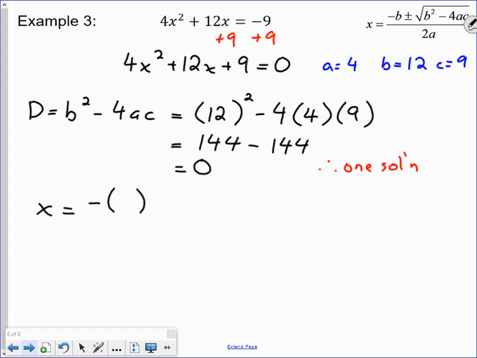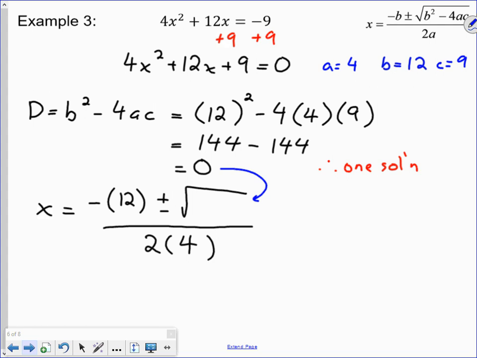Negative b plus or minus the square root of that thing that we just calculated, b squared minus 4ac, all divided by 2 times a. So our b value is 12, our a value is 4, and this discriminant that we just calculated is just going to be 0.